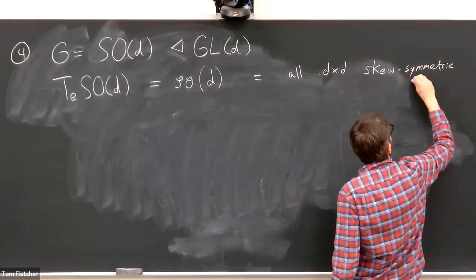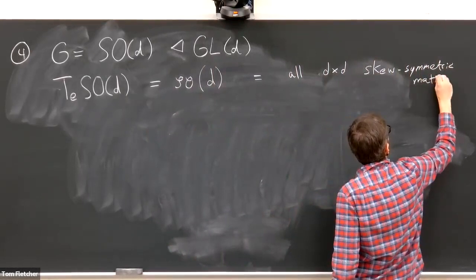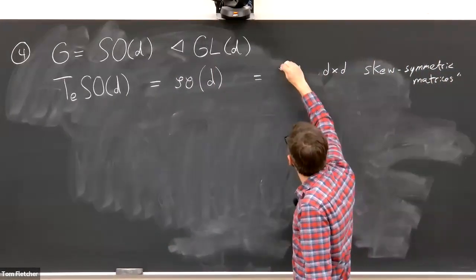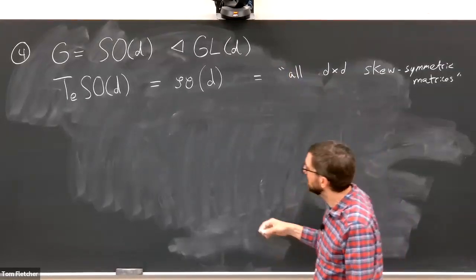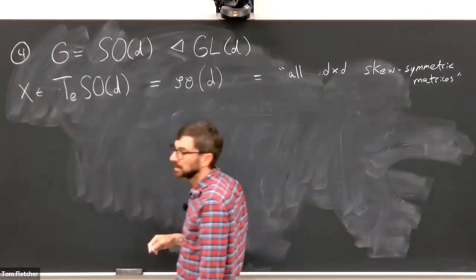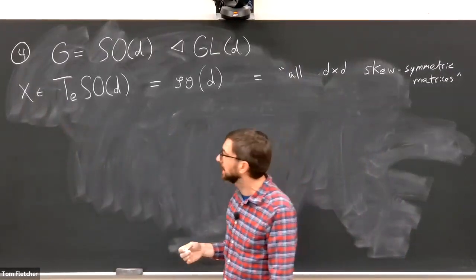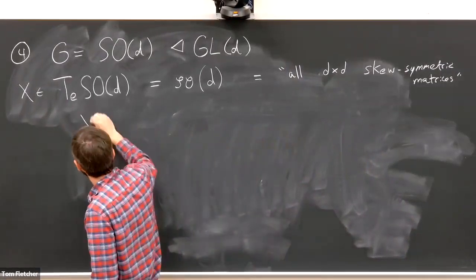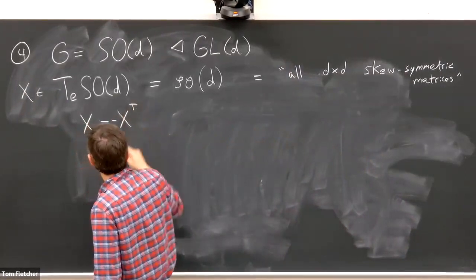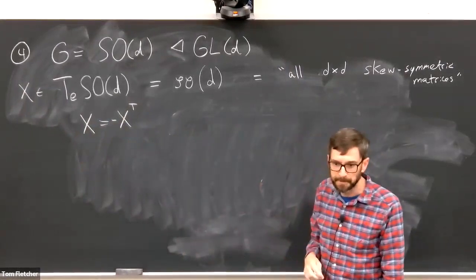Which I think we've covered before, but this is important. That means that if X is in the tangent space at identity, it's a D by D matrix such that X equals negative its own transpose.